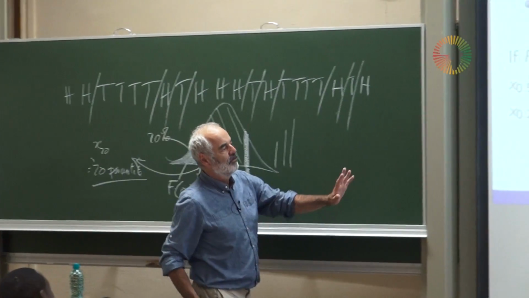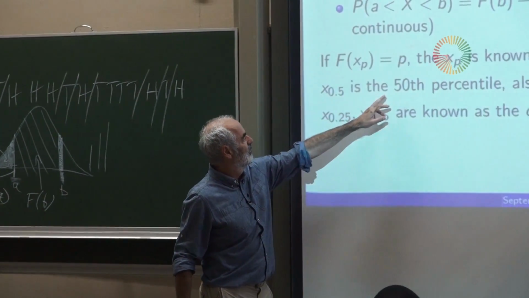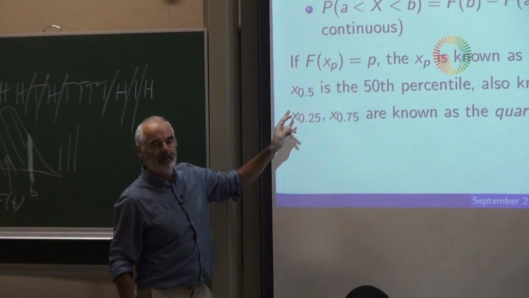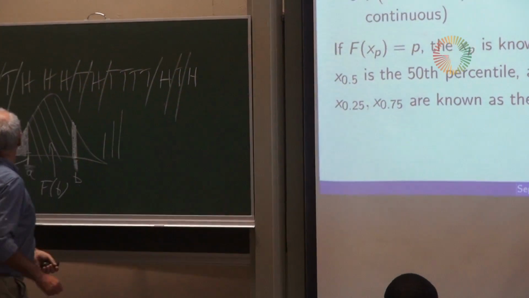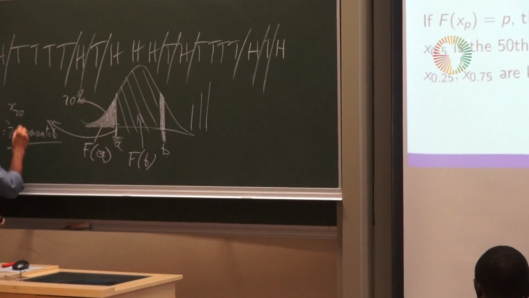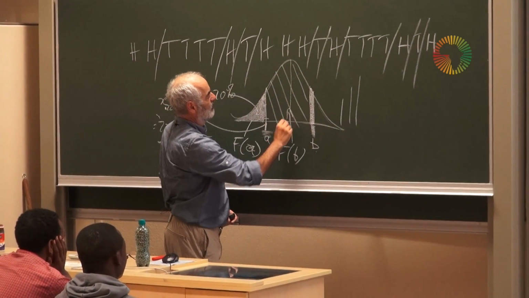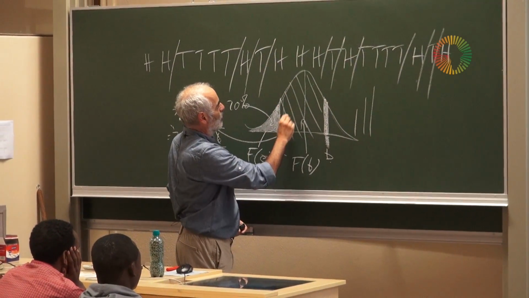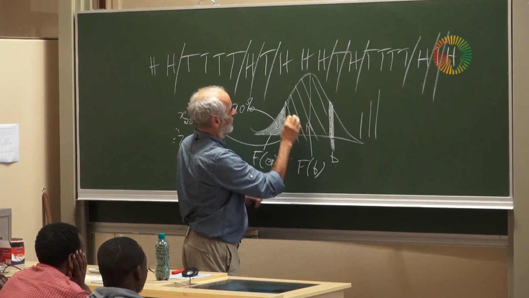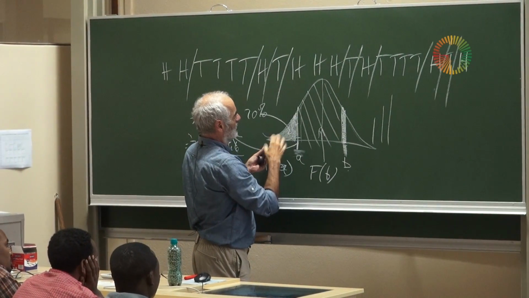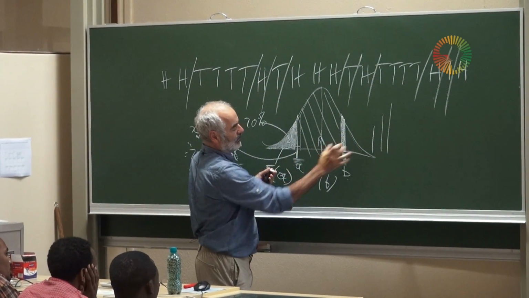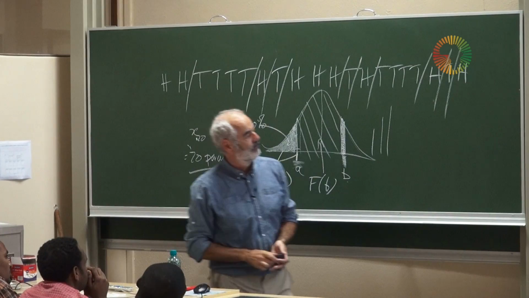Now, the most commonly used one is the 50th percentile, which is the median. It's the value in the middle. So the median is in the middle. The quartiles are where we divide the area up into 4, so that, and that are equal sizes. Okay.